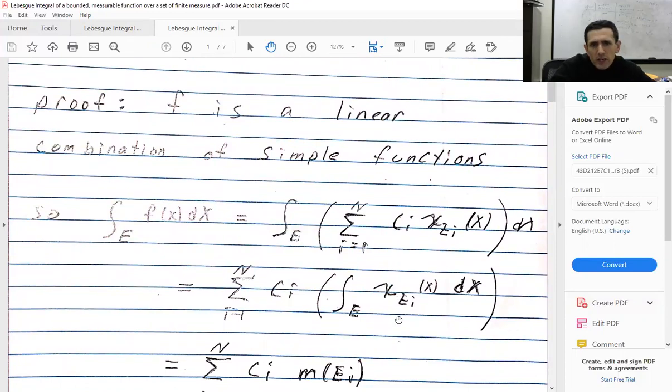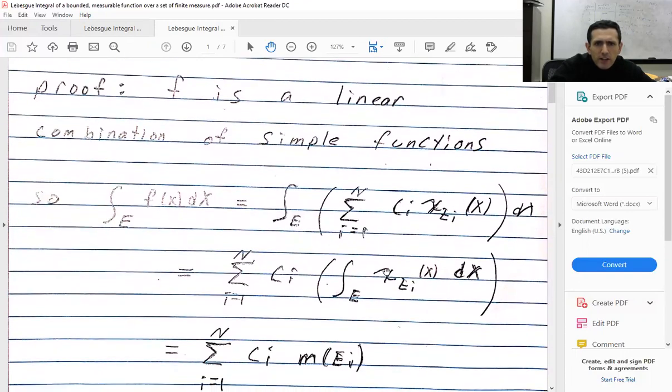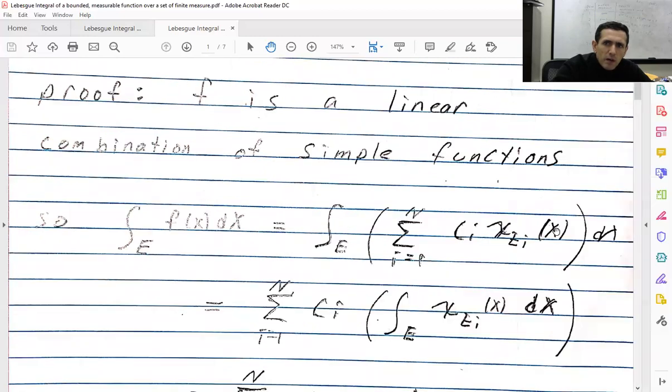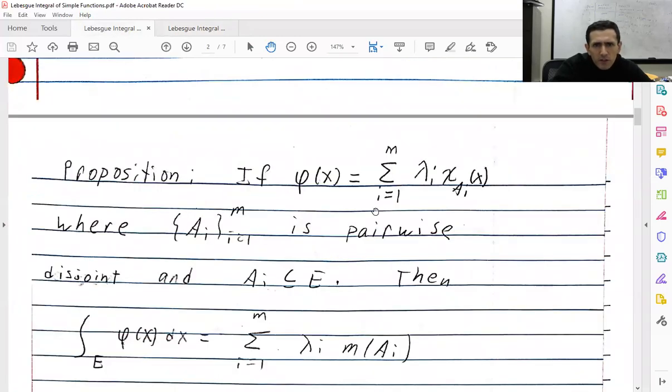So, check by definition that this integral here is the measure of EI. All right? So, not super important, but if you're wondering if we can get rid of that superfluous assumption here, the answer is yes.